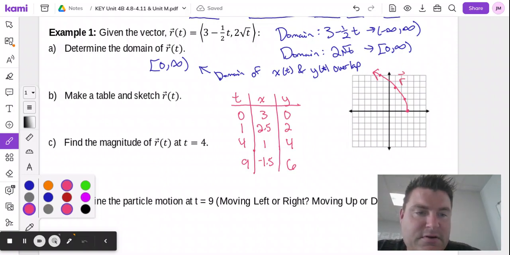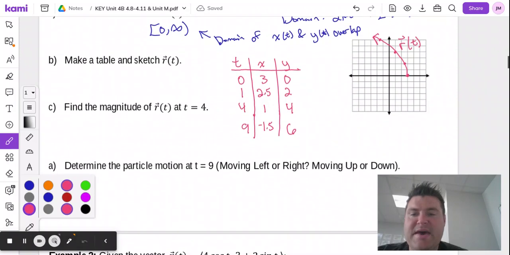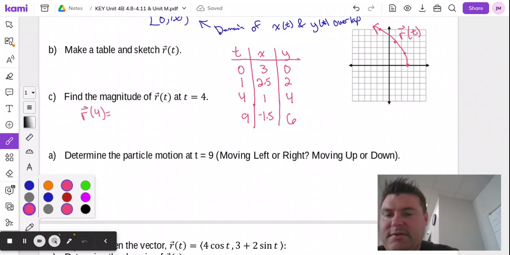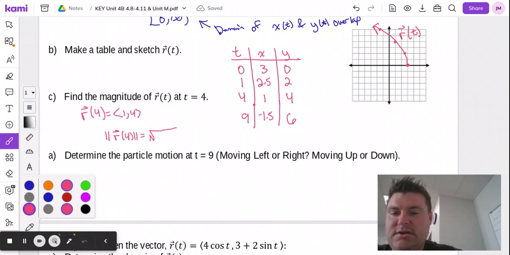I'll label it as well, r of t. So we have to find the magnitude of r of t at 4. So r of 4 is equivalent to, I have it right here, 1 comma 4. So the magnitude of r at 4 is what we learned last time.